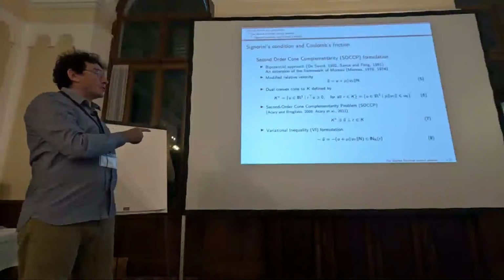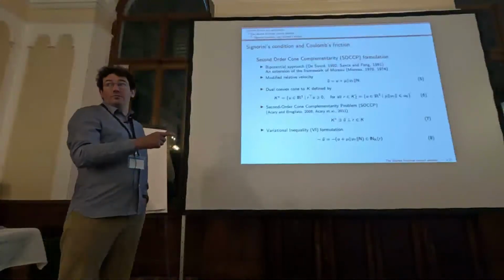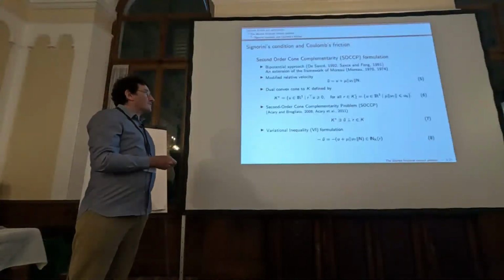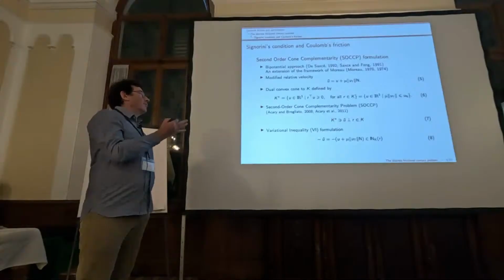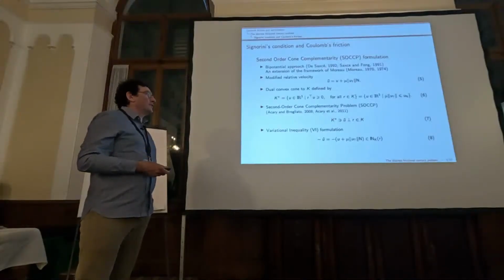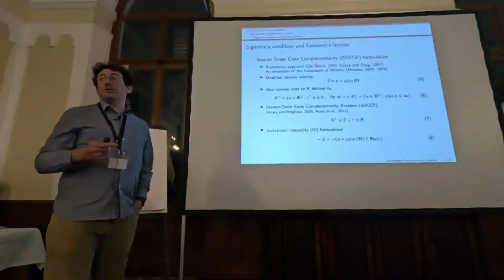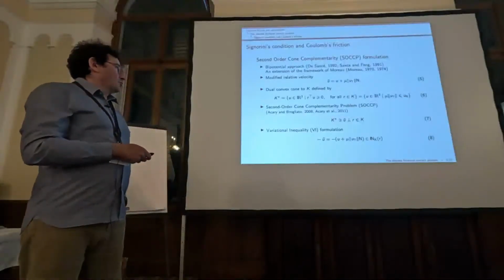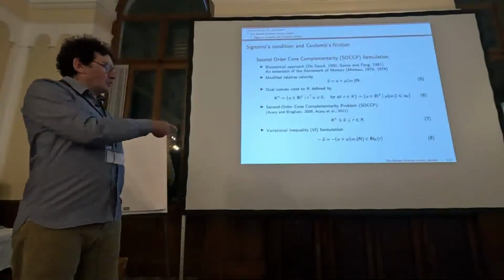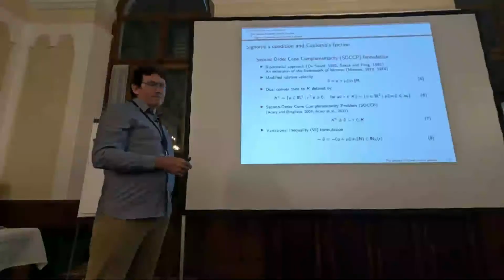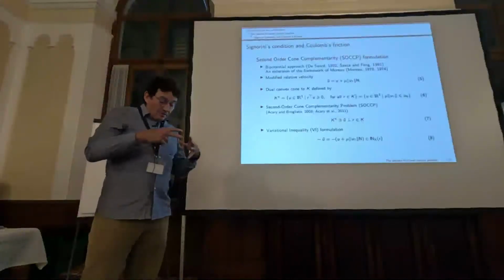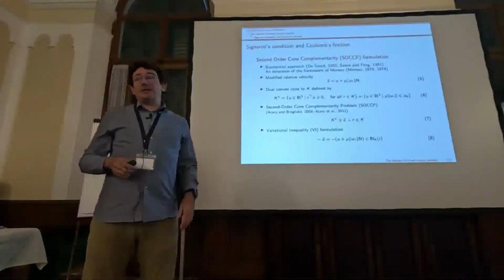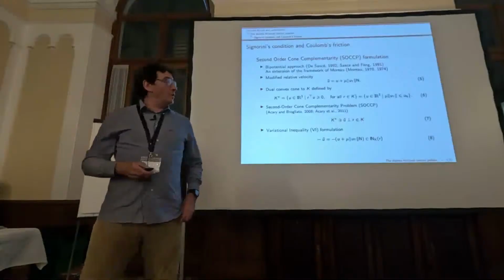U tilde is in the dual cone and R in the Coulomb's cone. Thanks to this formulation, I get a second order cone complementarity condition, and then I will be able to use techniques from optimization to solve this problem. This formulation is completely equivalent to writing variational inequalities, but a complementarity problem is a subclass of variational inequalities that is a little better for numerics.